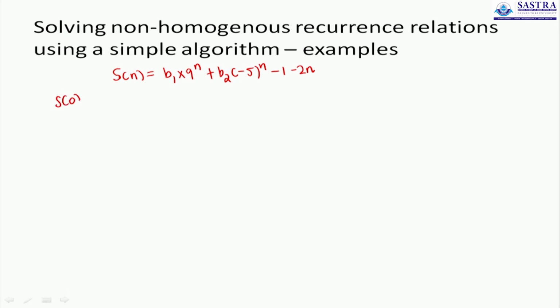S of 0 is 3, as in b1 plus b2 minus 1 gives us 3, or b1 plus b2 gives us 4. S of 1 is 5, which was given in the problem.